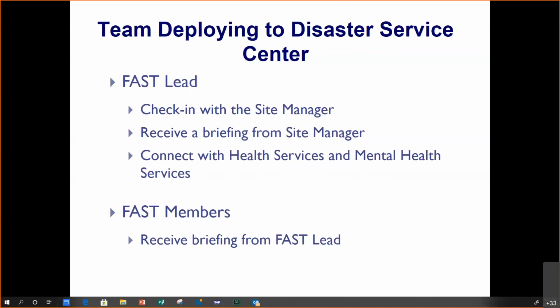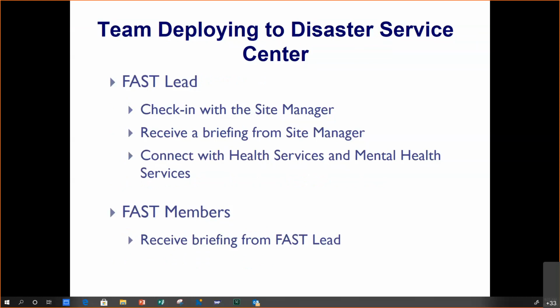Most site managers are becoming familiar with FAST. The concept is starting to get out to the counties. County emergency managers are becoming more and more aware of the FAST teams and what they can do.